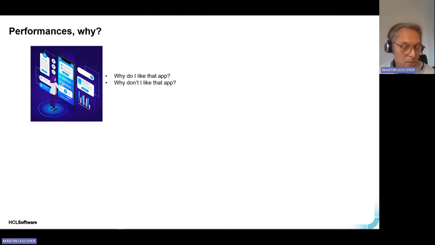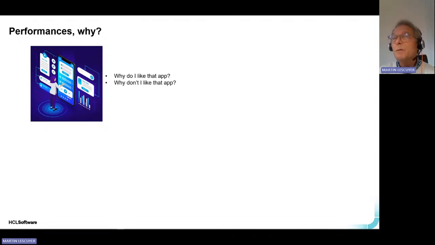So obviously, probably things that we all already know, but if you ask yourself why do I like this application, or maybe why don't I like that application? It's probably because you find the information you're looking for easily, or the service that you expect it to give you, like, for example, book a flight ticket.